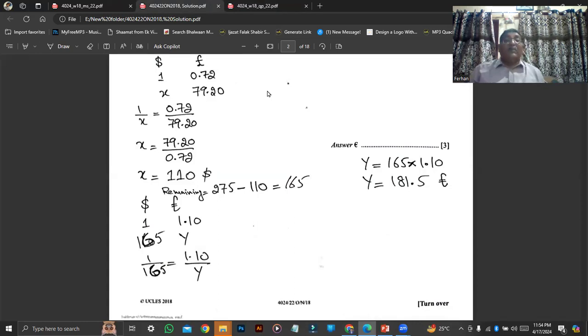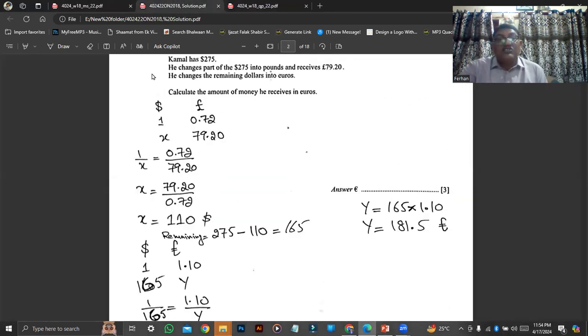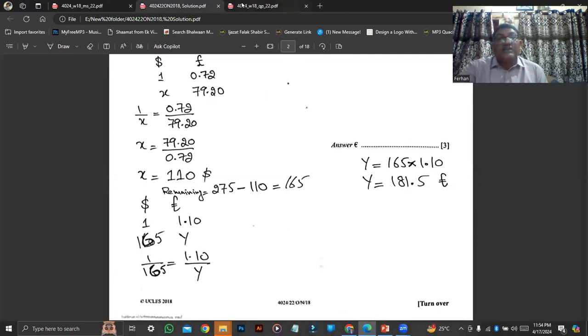So 1 divided by 165 is equal to 1.10 divided by y. Cross multiply. So y will be equal to 165 multiplied by 1.10, and that will be 181.5 euros. 181.5 euros is the right answer, sir. This is how this is done. I hope you understand.